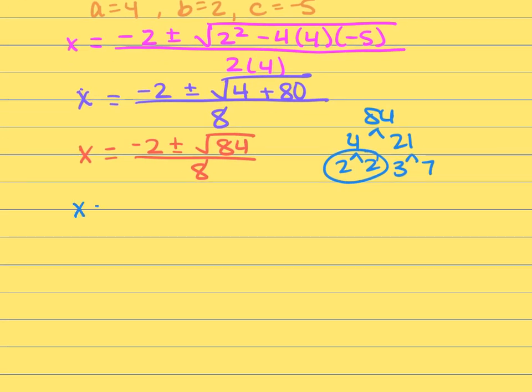So x is equal to negative 2 plus or minus 2 square root 21 all over 8. From here, my negative 2, 2, and my 8 are all going to simplify to become negative 1, 1, and 4. So our final answer for this one is going to be negative 1 plus or minus the square root of 21 all over 4.